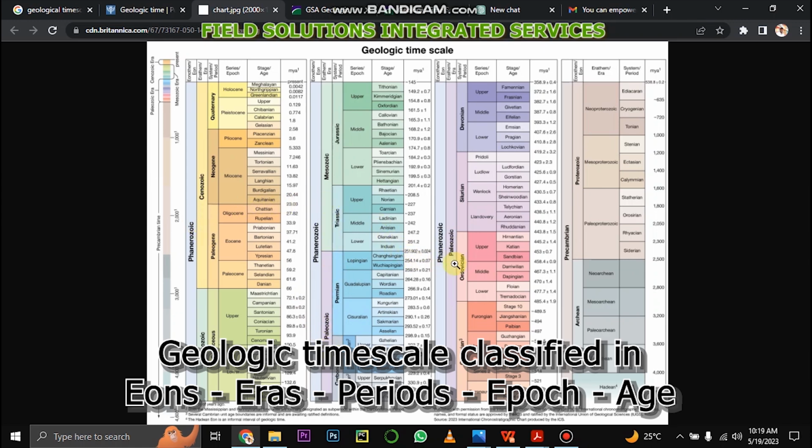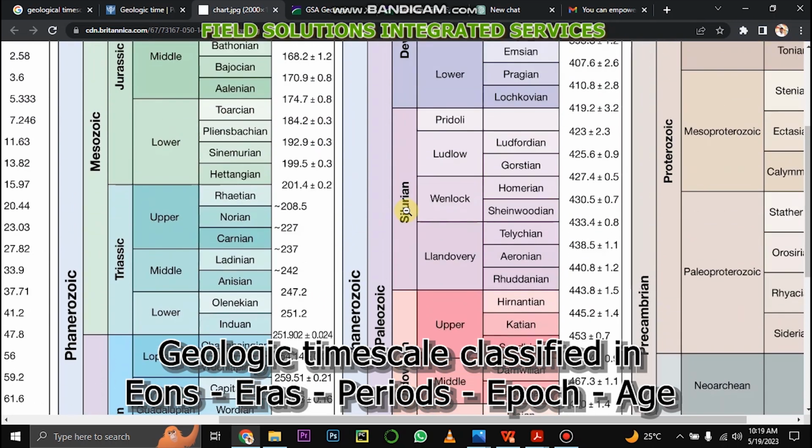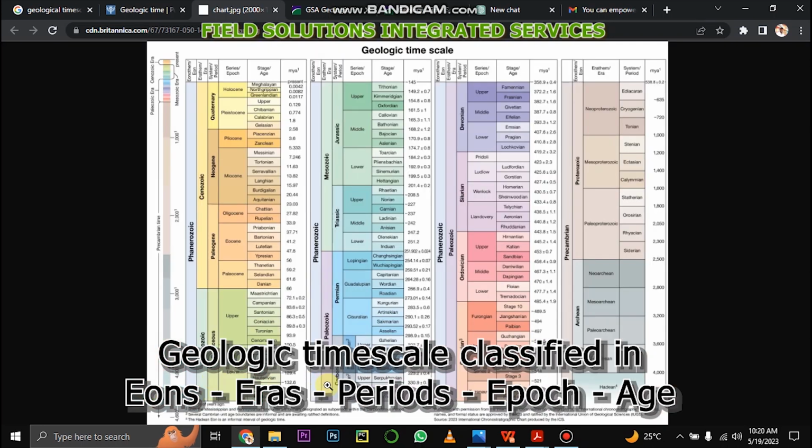Now coming to the Paleozoic era, we understand that the Paleozoic era is subdivided into what? Six periods. The six periods are the Cambrian, the Ordovician, the Silurian, the Devonian, the Carboniferous, and the Permian.